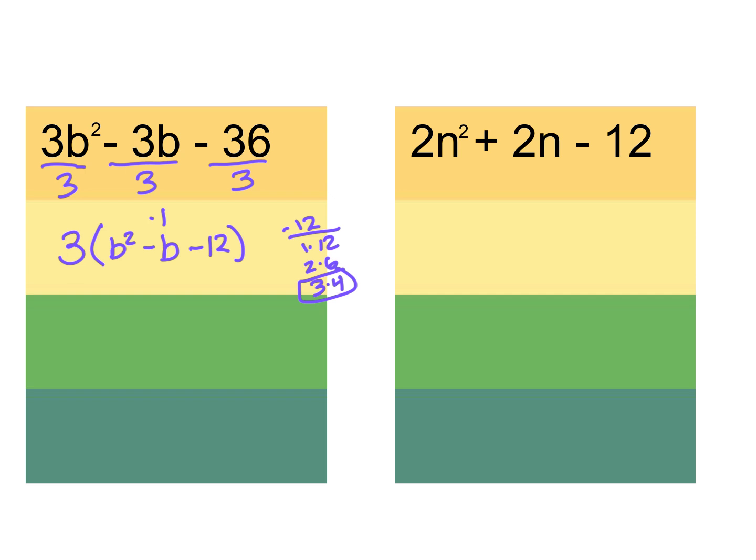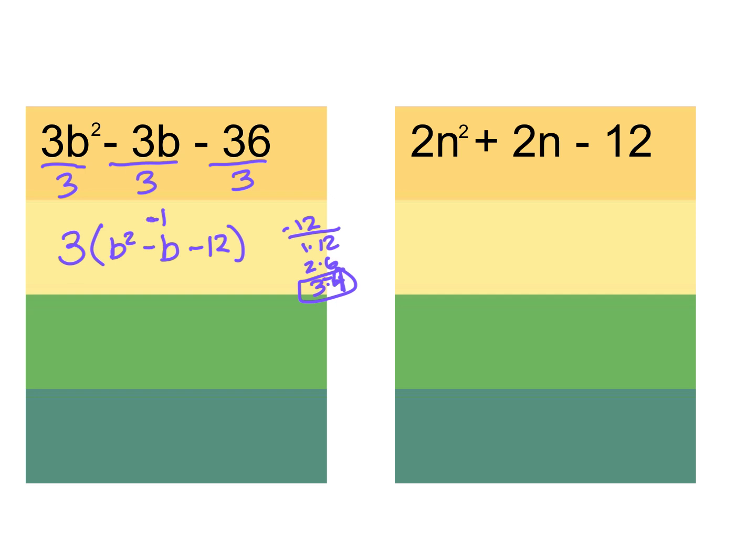So which one of these has to be a negative in order to add together to make negative 1? That's right, it's the 4. So if I put negative 4 and 3 together, I'll end up with a negative 1 as a result.